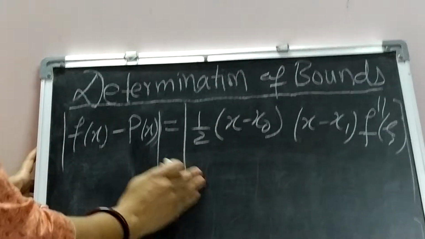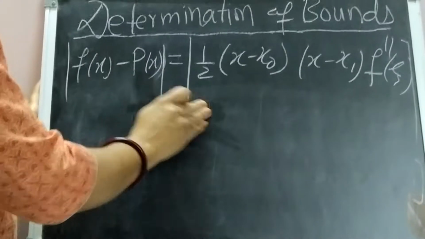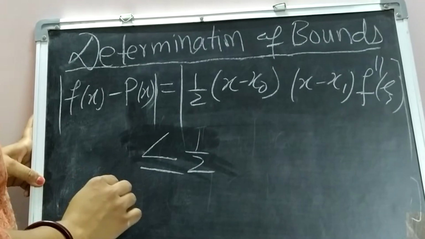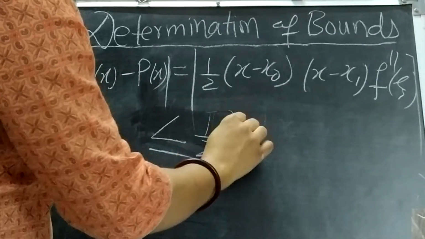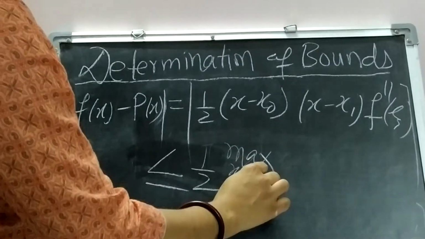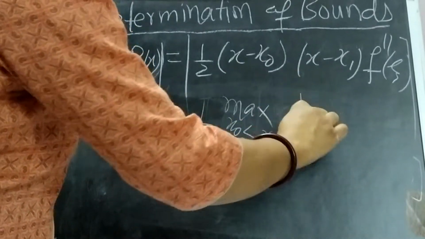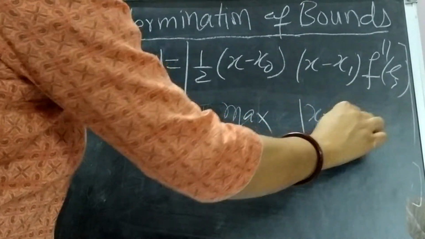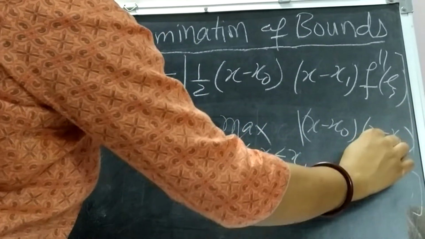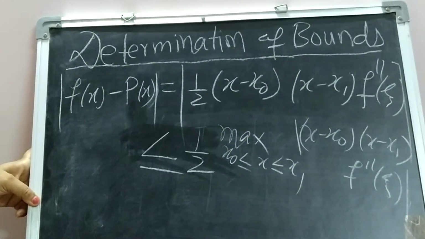Because we have assumed this is less than or equal to m2, we can write this is less than or equal to 1 by 2, and the maximum of x0 less than or equal to x less than or equal to x1, the magnitude of x minus x0, x minus x1, and f double dash j. So this can be written something like this.